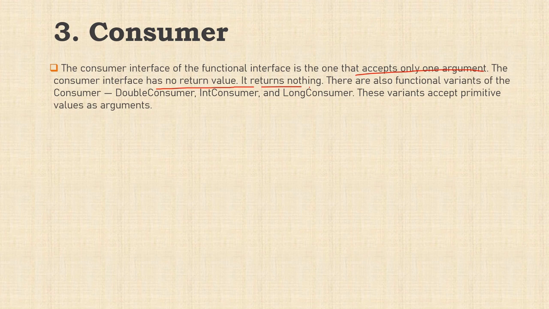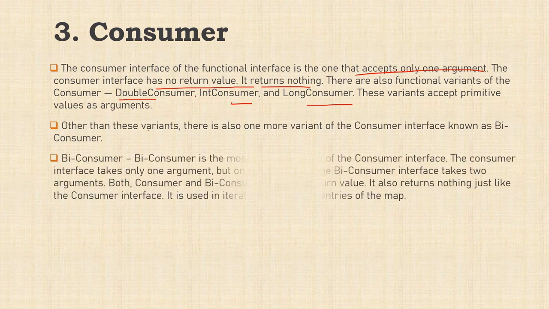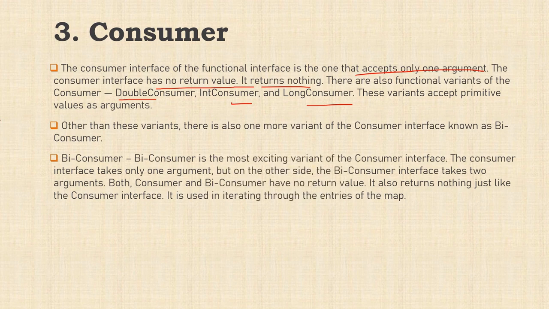There are also functional variants of the Consumer: we have DoubleConsumer, IntConsumer, LongConsumer. These variants take a primitive value as an argument. Other than these, there is also another variant of the Consumer interface, like BiConsumer. BiConsumer means it will take two inputs and return nothing.